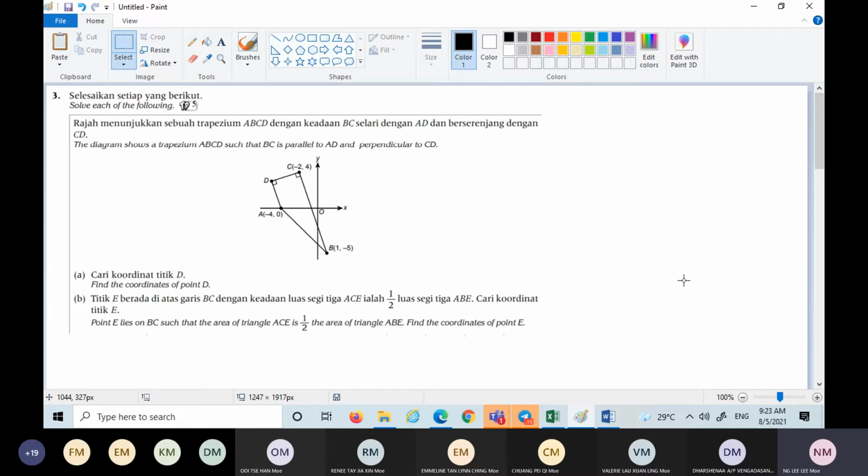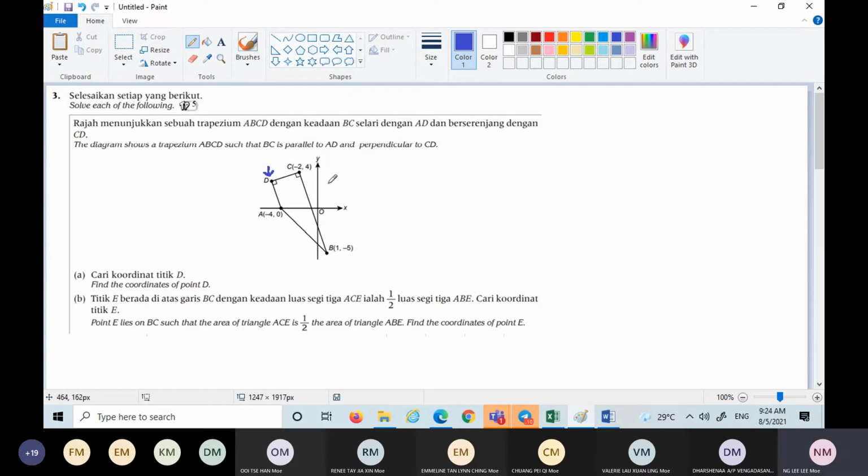Let us see this. This is a trapezium ABCD such that BC is parallel to AD and perpendicular to CD. You have to find the point D. Find this point.